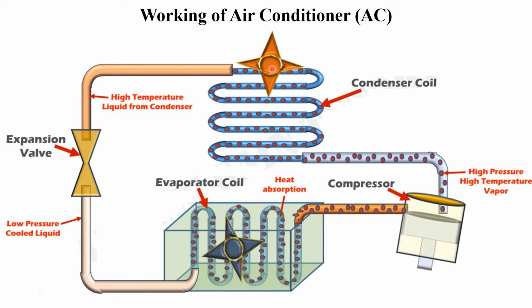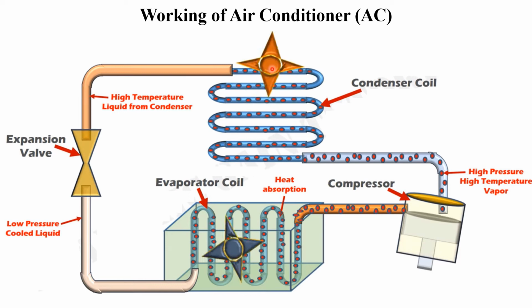Now, this high temperature liquid leaves the condenser and enters the expansion valve. The expansion valve and compressor are opposite to each other, because the compressor increases the pressure of the refrigerant by compressing, whereas the expansion valve decreases the pressure of the refrigerant by expansion.